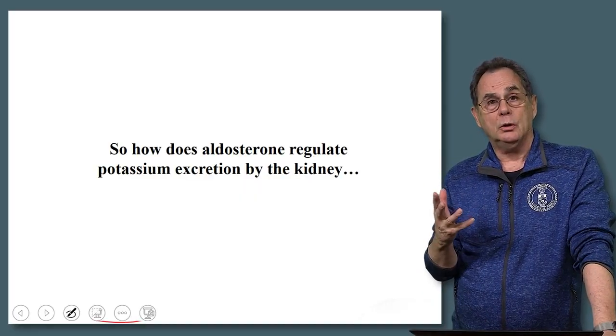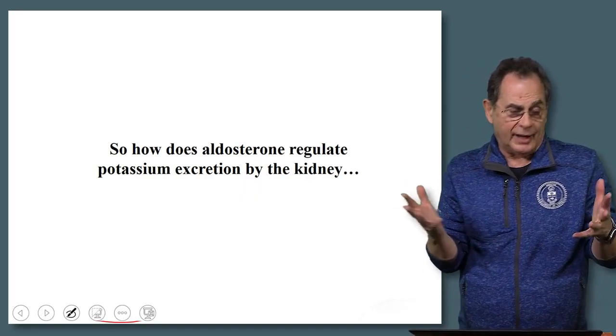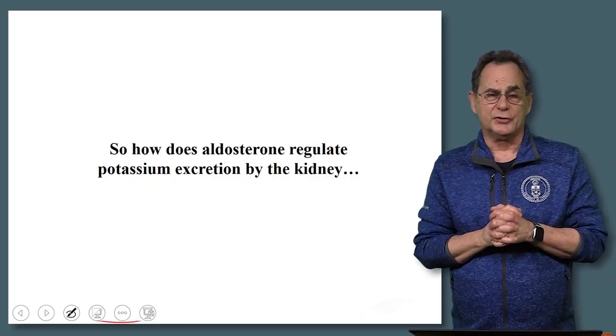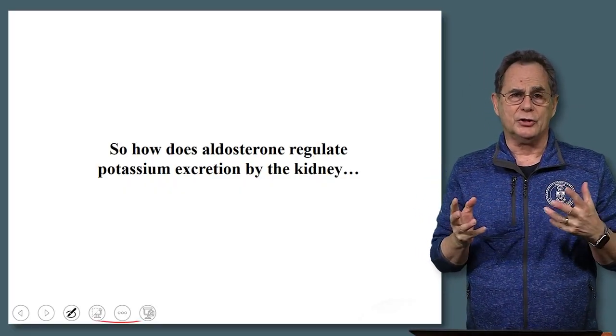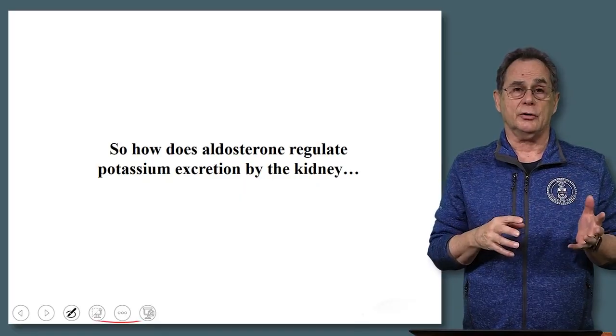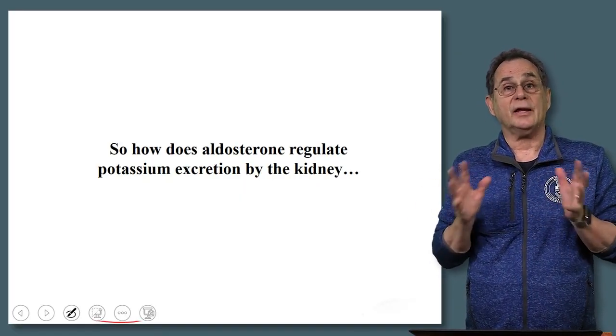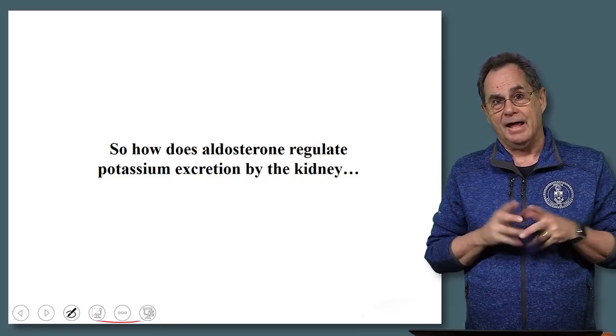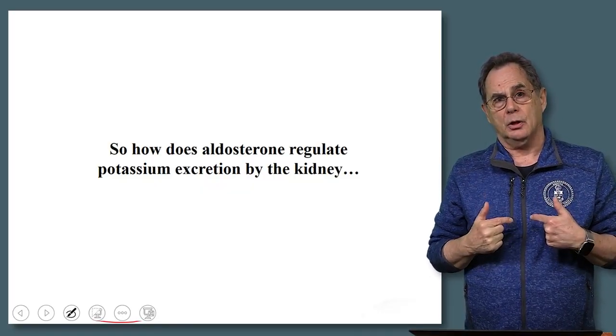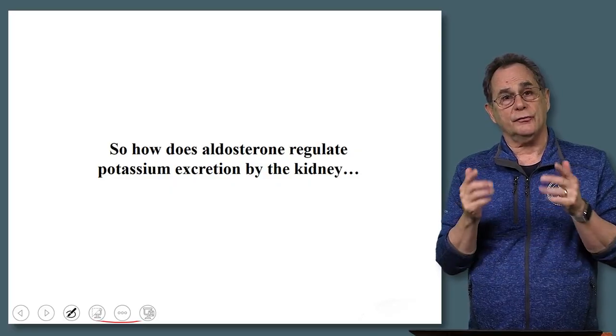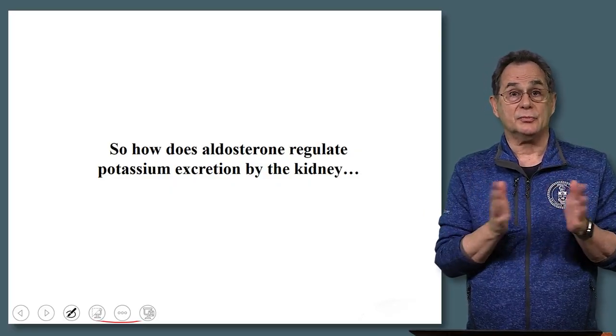So the question you and I now have is, okay, we've sort of pushed the process down the road a little bit. If aldosterone secretion is regulated by potassium, then how does aldosterone serve to regulate potassium secretion?